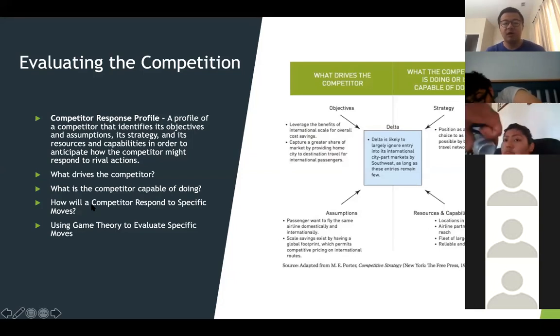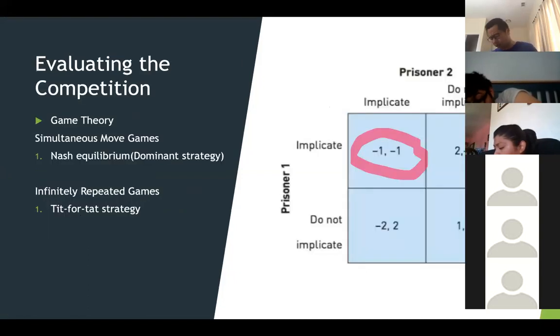So how will a competitor respond to specific moves? To answer this question, we can step into these flights because Delta doesn't worry about us. Okay, so using game theory to evaluate specific moves. I remember the professor didn't mention too much about game theory.